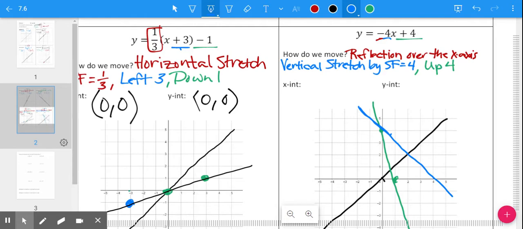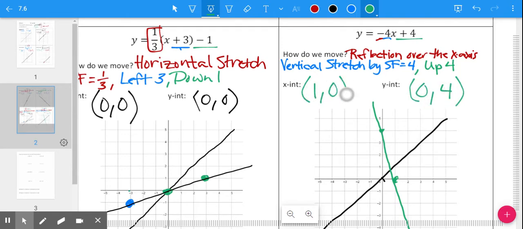But then you have to apply that scale factor 4, which makes it that steeper green line. You could also graph that based on y equals mx plus b, but you do need to be able to point out the different transformations that are happening. So our y-intercept is now 0, 4, and our x-intercept is 1, 0.